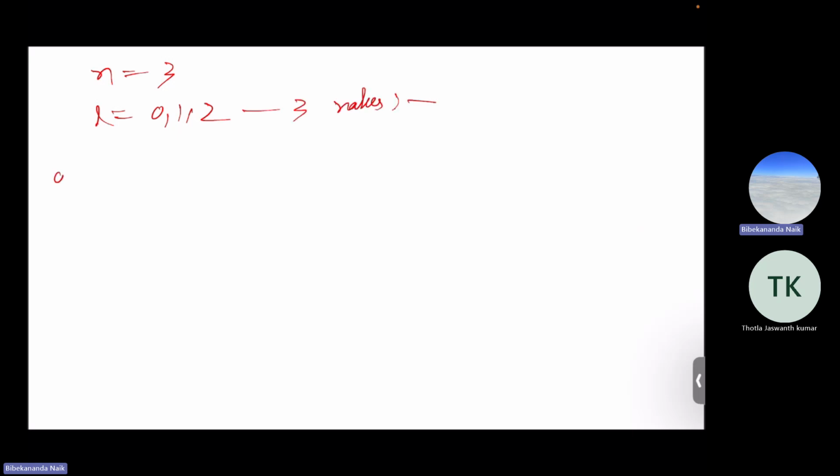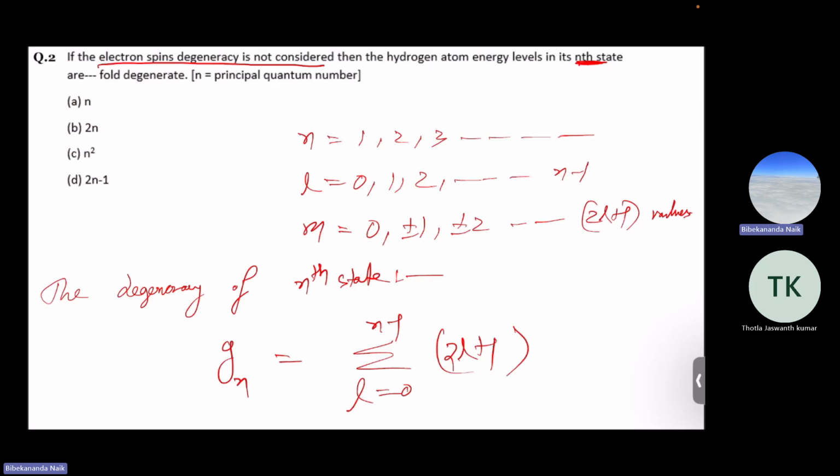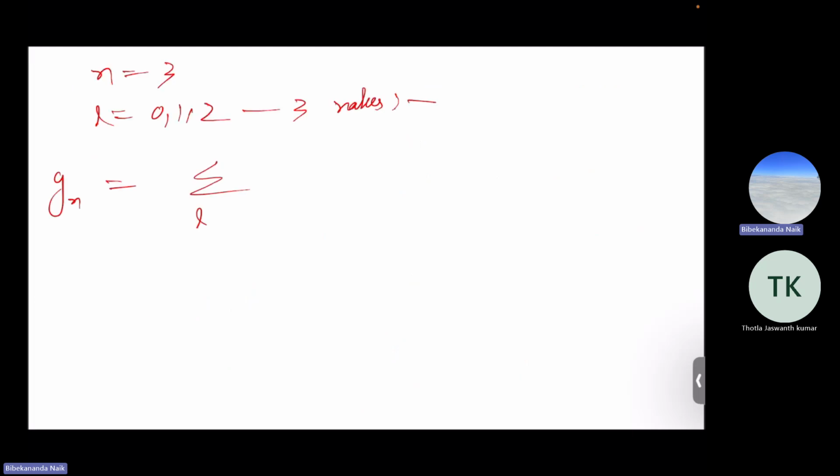So if we see the summation, for each L we will have 1. Since L is 0 to n minus 1, we need to add it n times. So we can write the summation for L equals 0 to n minus 1 of 2L plus n, because 1 is added n times.